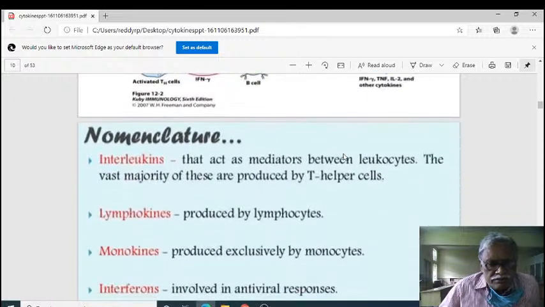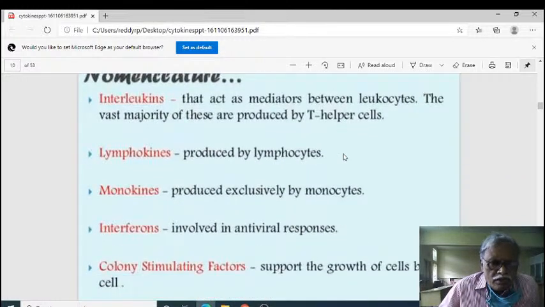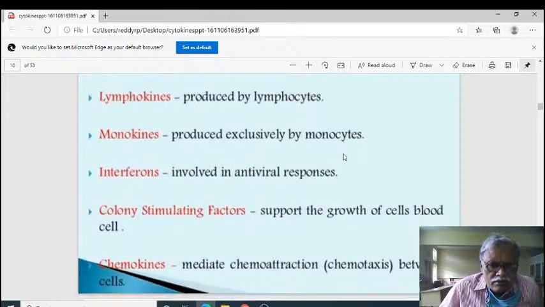For example, the nomenclature, you see now, the interleukins that act as mediators between leukocytes, and the vast majority of these are produced by T helper cells, and lymphokines produced by lymphocytes, and monokines produced exclusively by monocytes, and interferons involved in an antiviral response.